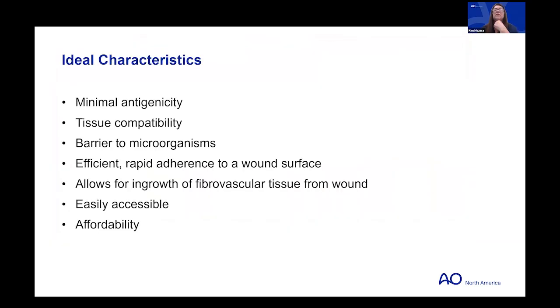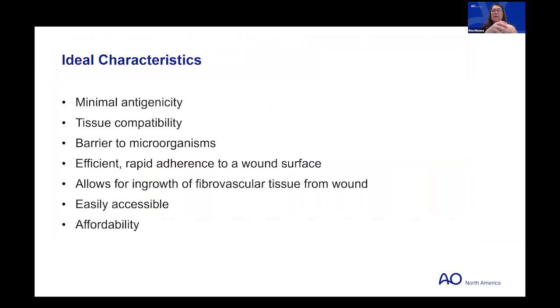So transitioning now, what would make a really good skin substitute? What would we like it to be? Well, we would like it to have minimal antigenicity and be less likely to cause an immune response or an inflammatory response.